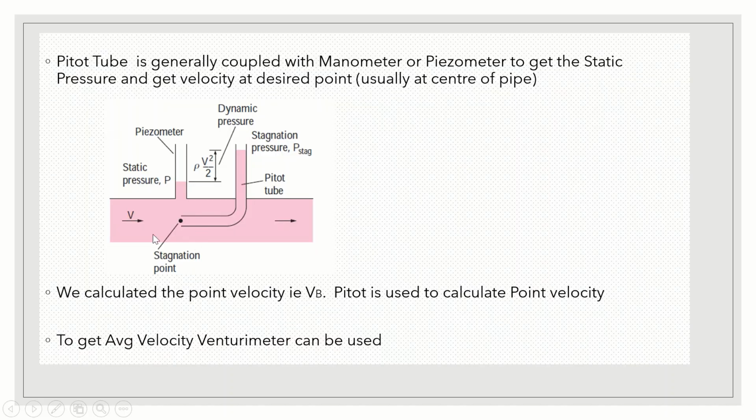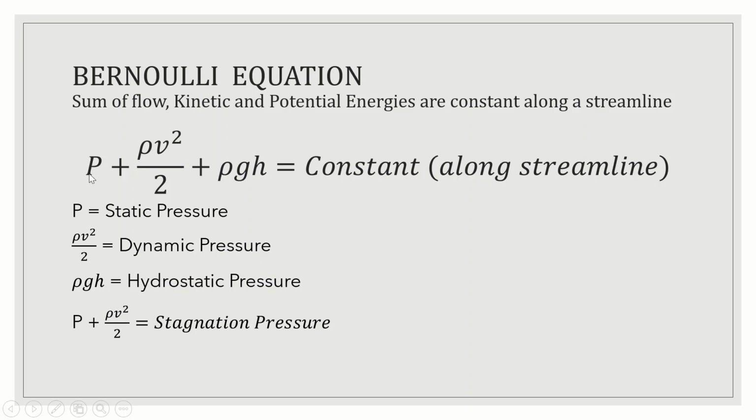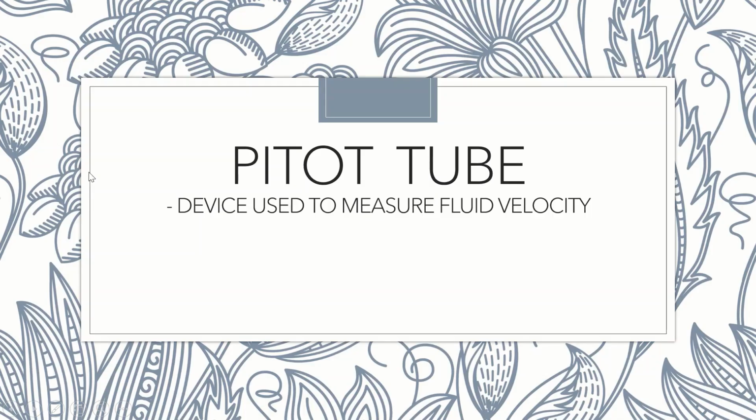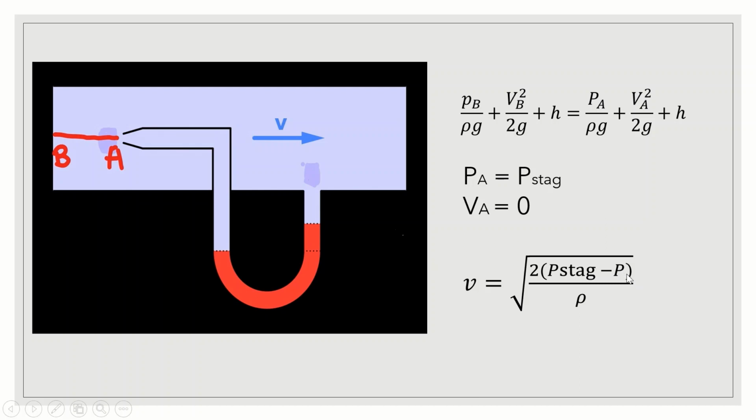So whenever we use the Pitot tube, it is going to measure the stagnation pressure. And as this is the sum of these two, we'll have to subtract the first term, static pressure. We'll get the static pressure from the piezometer, and hence we'll subtract it from P stagnation.